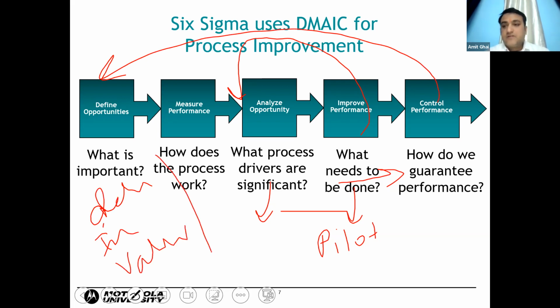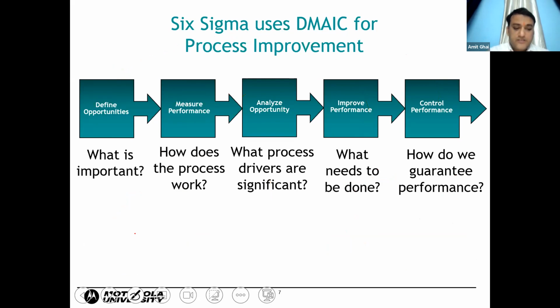You will often see that once you cease to be the supervisor of the process that you have set up, the people doing it day to day will not always follow the standards. It will often happen that the system performance starts to degrade. So it is a very important part of Six Sigma to ensure that we have a guarantee of the performance, and that is called the control plan. That is the deliverable of control performance. We'll talk about it more.